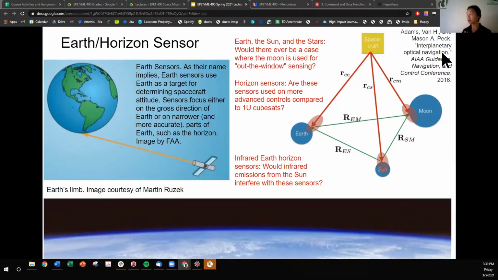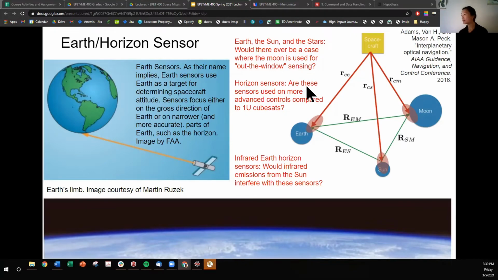It would make total sense if, while you're traveling to the moon, you look towards the moon and use it as a reference location or landmark. So absolutely, it's a great idea to use the moon if it is useful to your unique mission. Using the moon wouldn't make as much sense, say, if you were traveling much farther away into deep space.